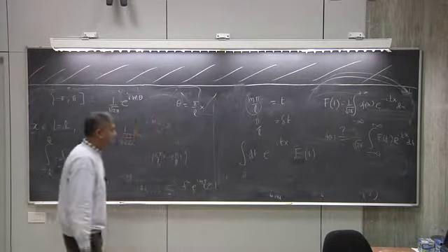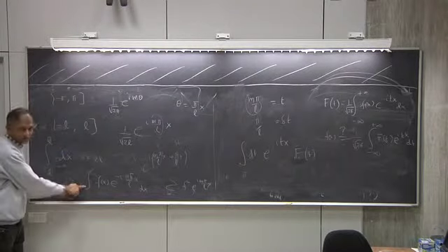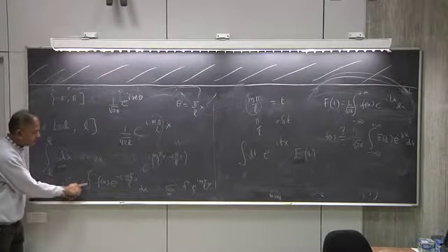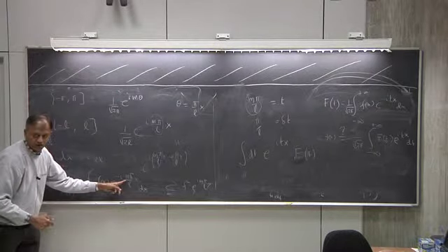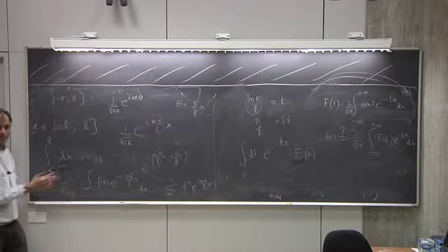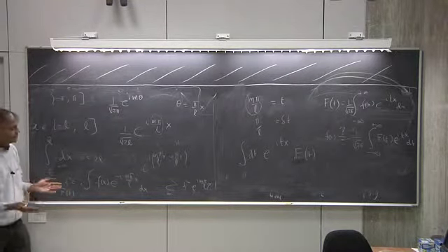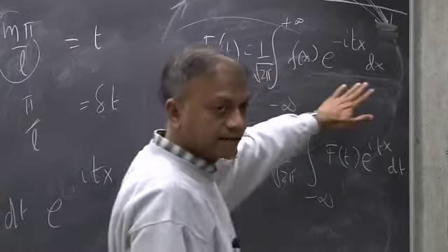So again, to repeat: the first equation is the analog of this equation. All I'm saying is that because I'm treating m pi by L as t, I'm calling that t. So this f which depends on m will give you something which depends on t, right? So I call that capital F of t. So F of t I define like this.